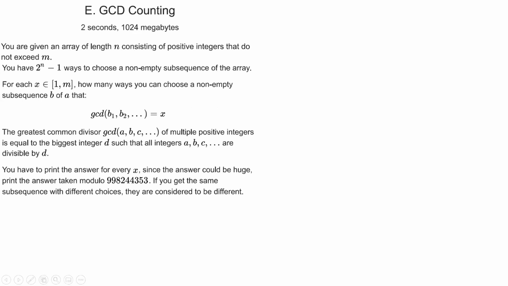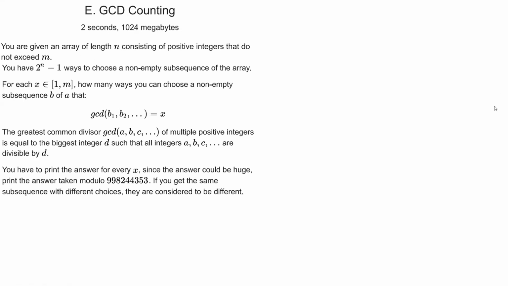Next thing is GCD counting. The interesting question. Here, we are asked to count the numbers of different subsequences of this array. So we are given an array of length n, of positive integers that do not exceed m.